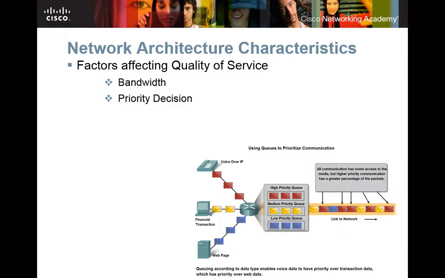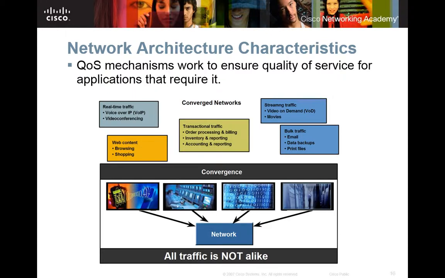Then financial information, and your lowest priority would be those web page people. Quality service mechanisms make sure that everything fits together in order that certain traffic doesn't overdo another traffic. Okay? They all work together. And remember, with converged networks, all traffic is not the same.